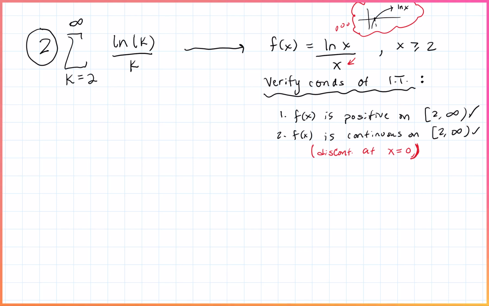Now, this other piece is a little bit harder to just verify visually, as we've been doing. So the third part, f of x is decreasing, question mark. That's what we want to consider.